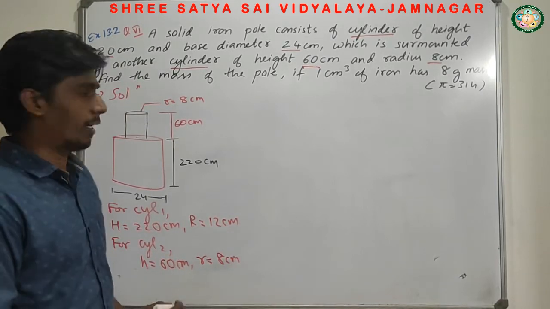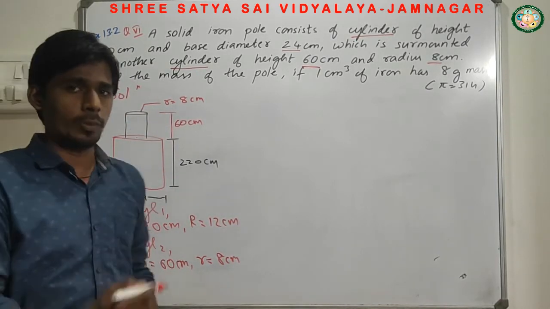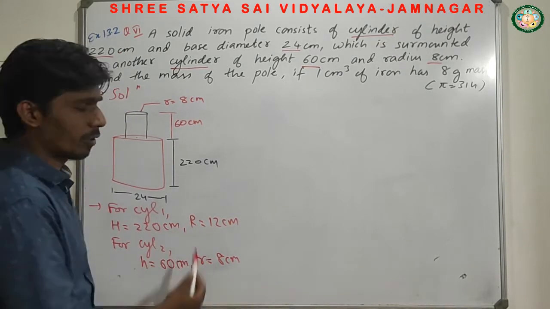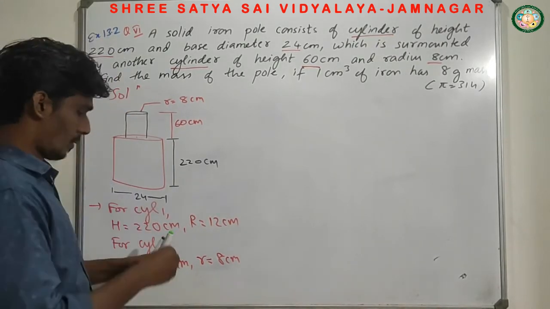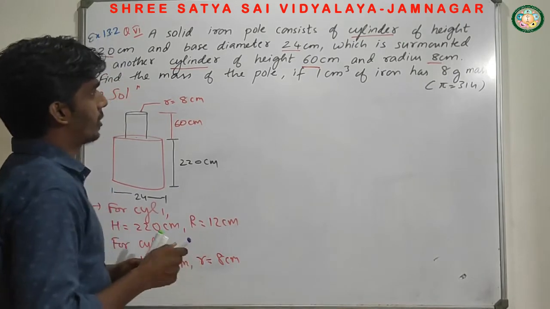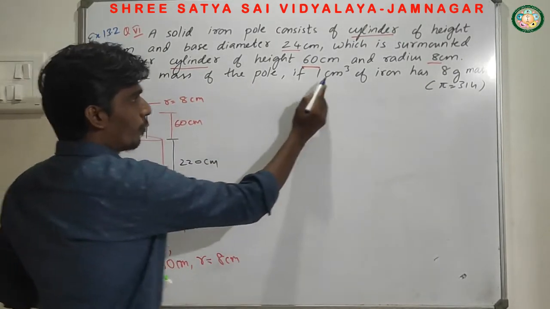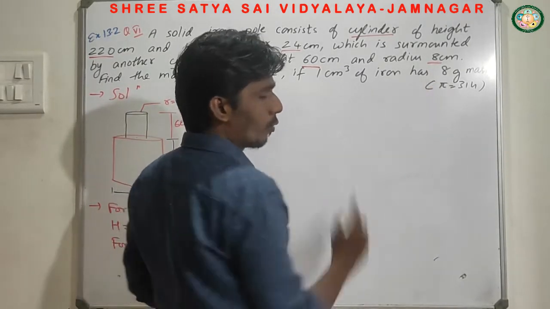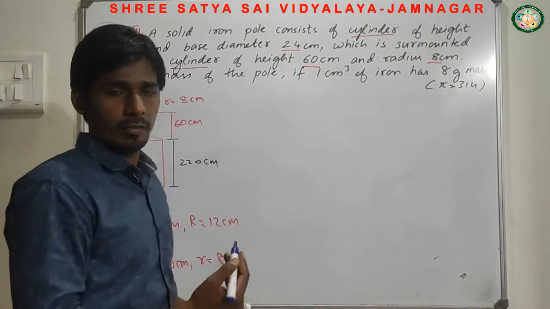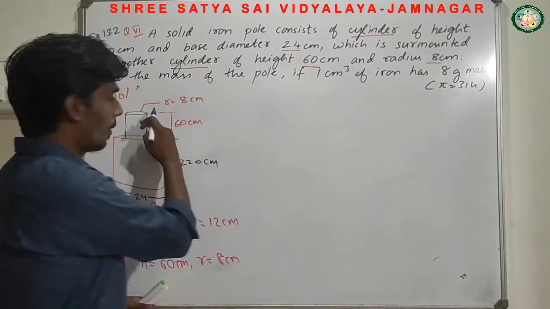While replacing the values for these cylinders, you have to be very careful which radius value you replace. Let's start with the question. Find the mass of the pole, if 1 centimeter cube equals 8 grams. First of all we are going to find the volume of the combined solid.